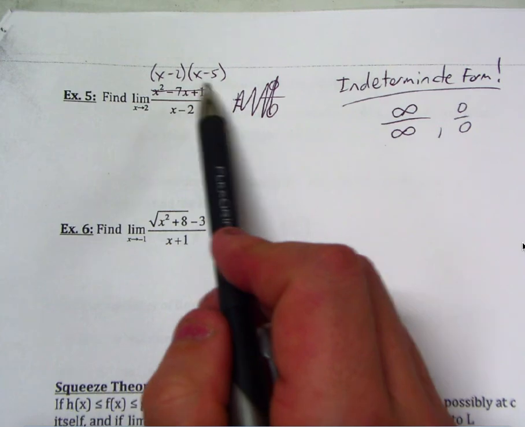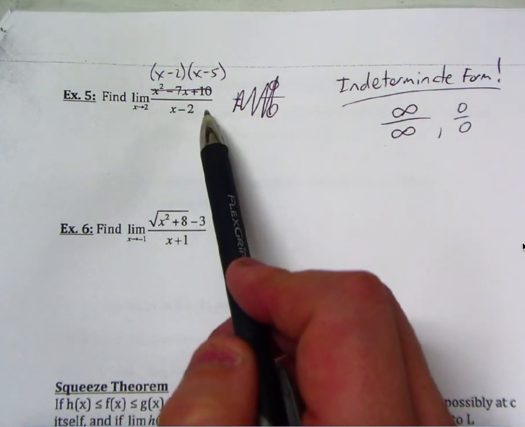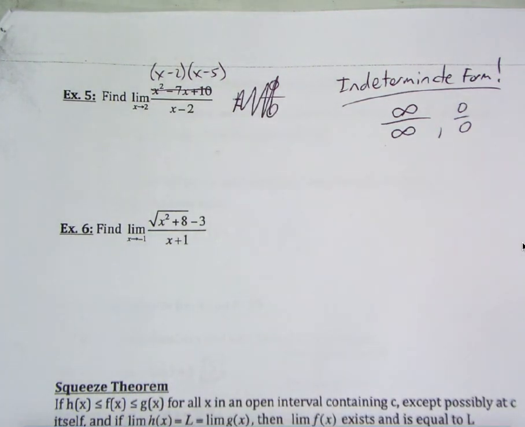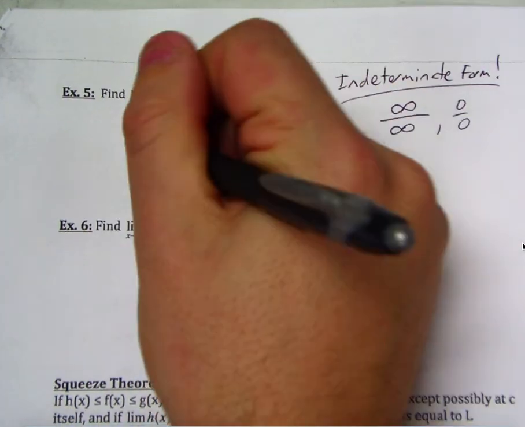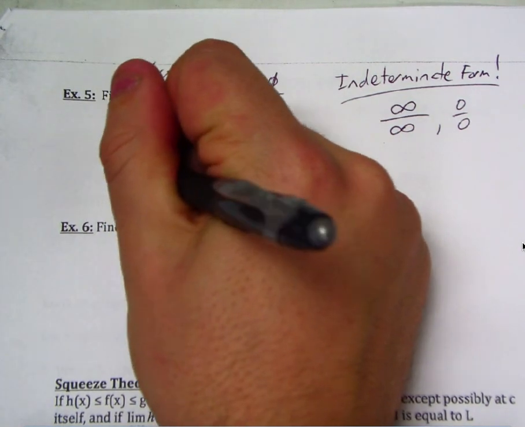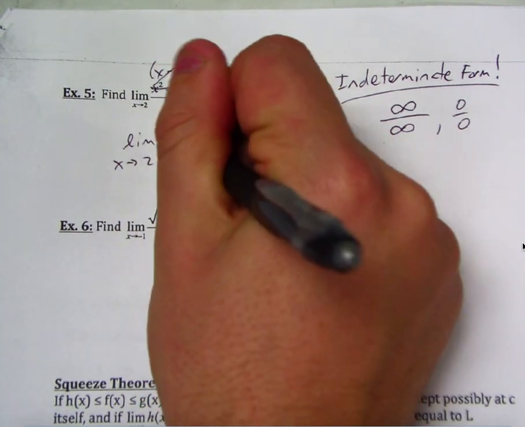If you would graph this, there's a hole at x equals 2. So what we're doing is eliminating that hole. Because remember, we don't care what's happening at x equals 2. We care about what's happening as x approaches 2. So by factoring and canceling, we now have the limit as x approaches 2 of x minus 5.